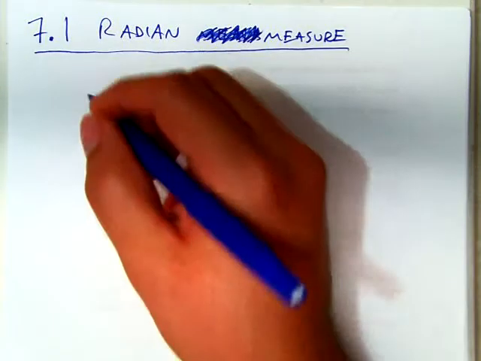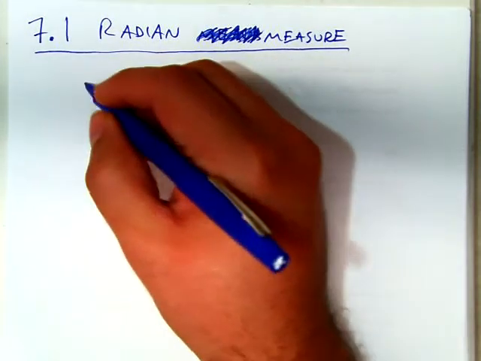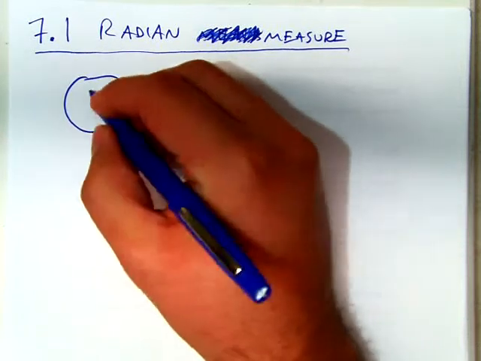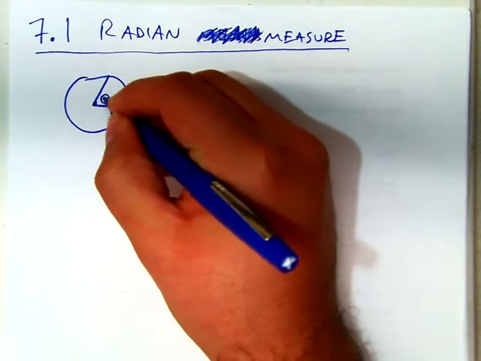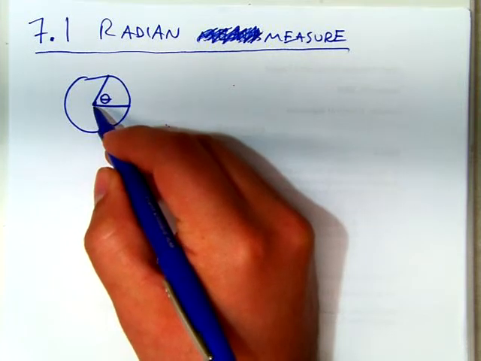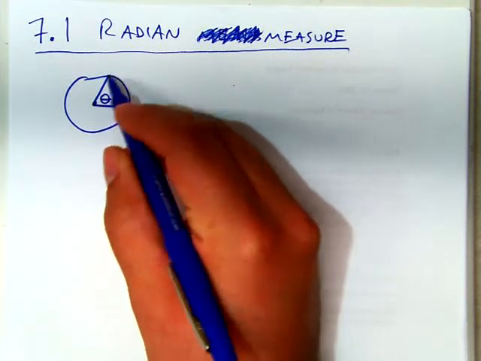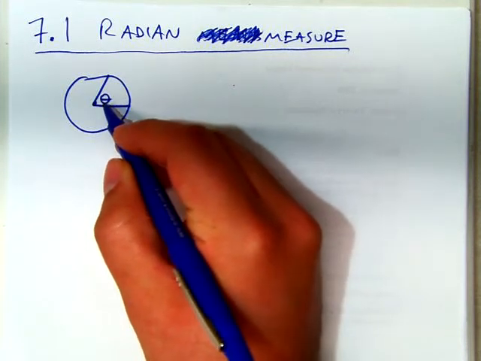So anyway, let's start with the actual definition for a radian measure. Let's say we have a circle, and in the center we have two radii drawn, and then we have an angle here called theta.